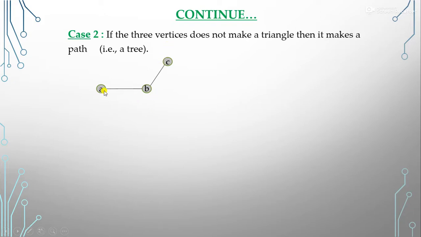Now for two colors we have two options. We can color it like that. First we color this one with one color, then we have to color this one with a different color. The second way is, suppose we color the first one like this, then we have to use different colors for this one and this one.